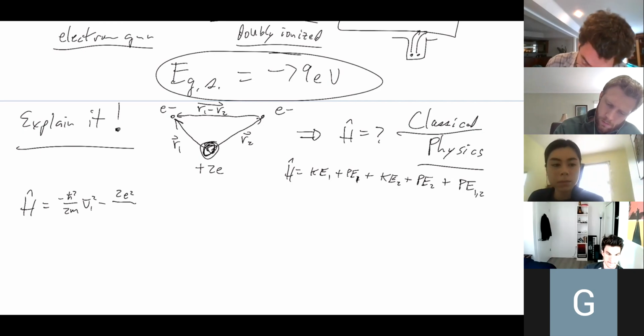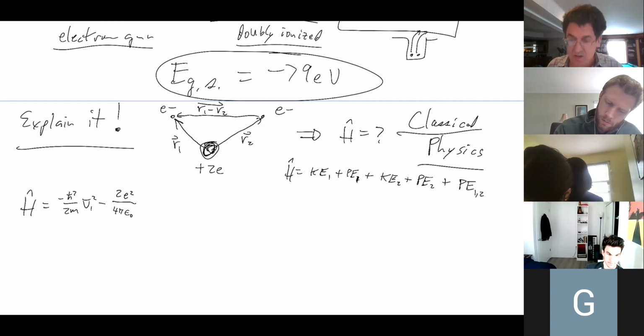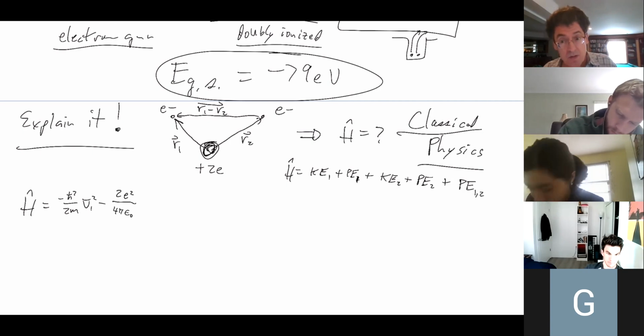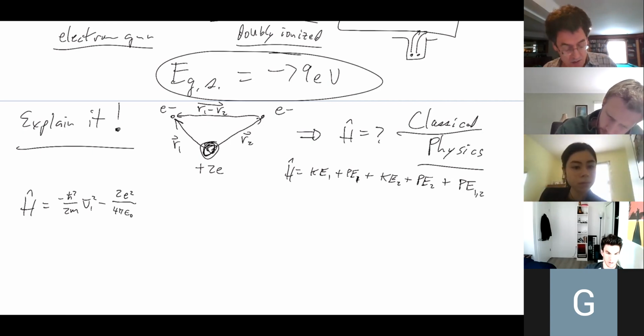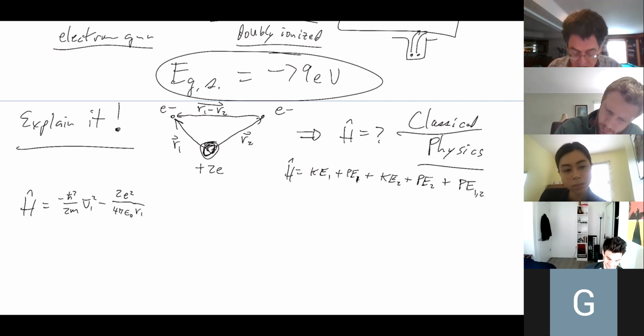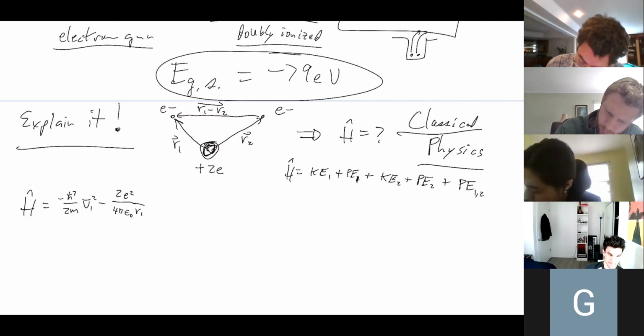And on bottom we have 4 pi epsilon naught times what? What's missing on the bottom? R1. Good. R1, right? Because it's the energy.